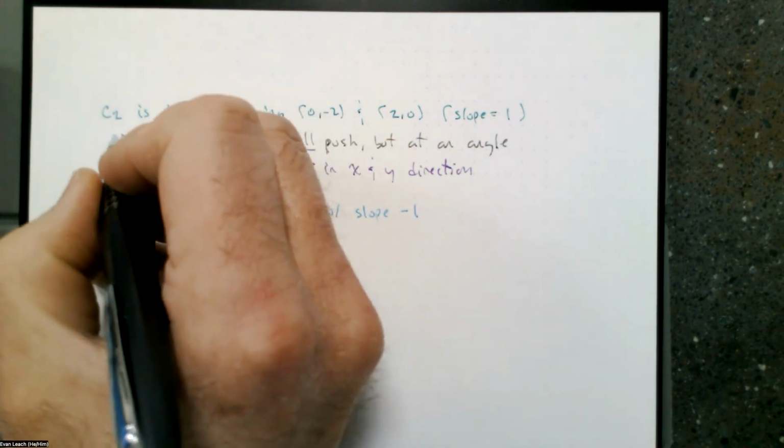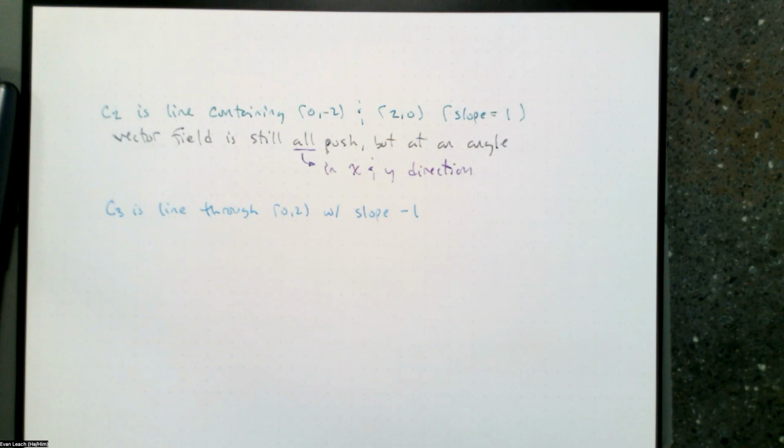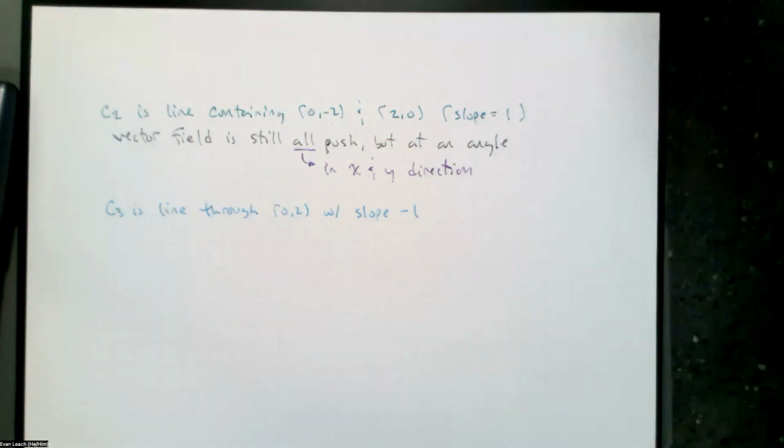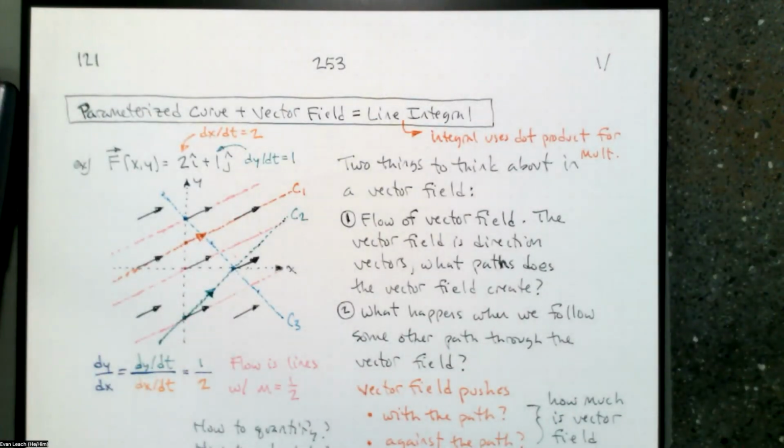So C3 is going to be a line through 0, 2 with a slope of -1. We can see that in this case, the vector field is pushing with the path in the x direction, but against the path in the y direction.